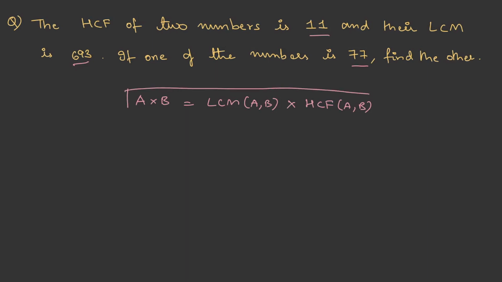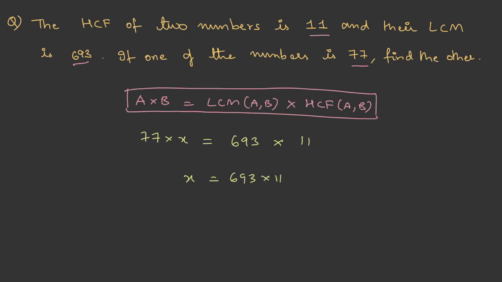A very important observation. Try to memorize this. Now using this formula, I can find the answer. Substituting the values, 77 into x is equal to the LCM, which is 693, into the HCF, which is 11. So x is 693 into 11 by 77, which is 99. That is the answer. I hope you are able to pick up the concept.